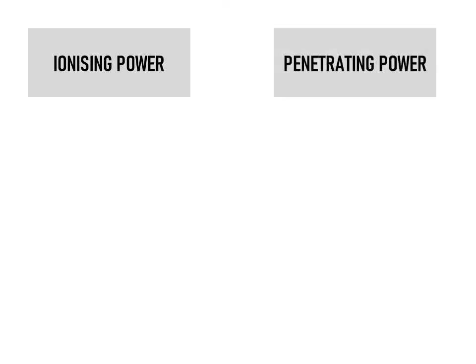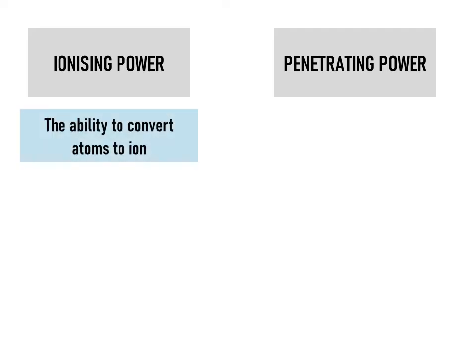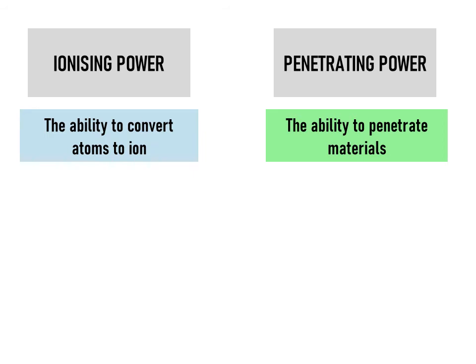Next, let's look into the differences between alpha particle, beta particle, and gamma ray in terms of their ionizing power and penetrating power. First, what is ionizing power? Ionizing power is the ability to convert atoms to ions with an adequate amount of energy, while penetrating power is the ability to penetrate materials.